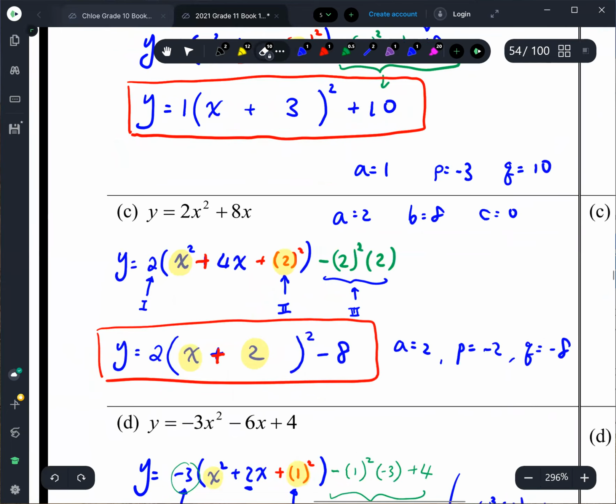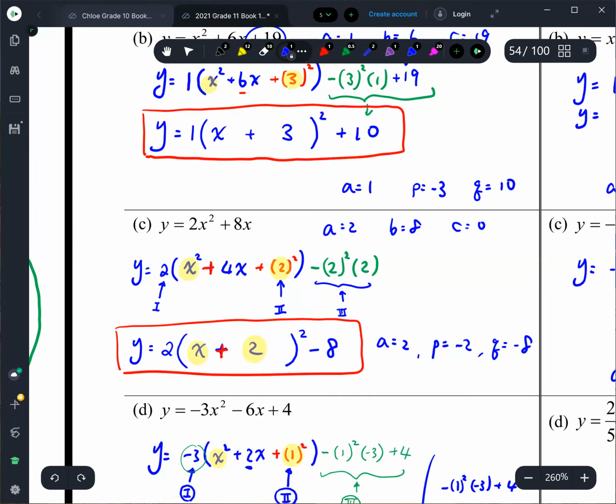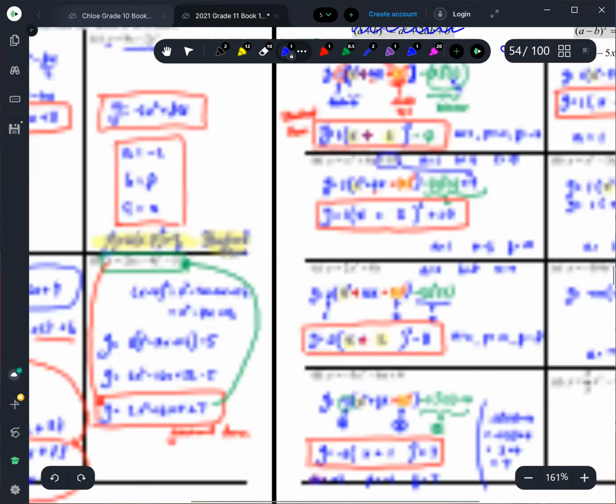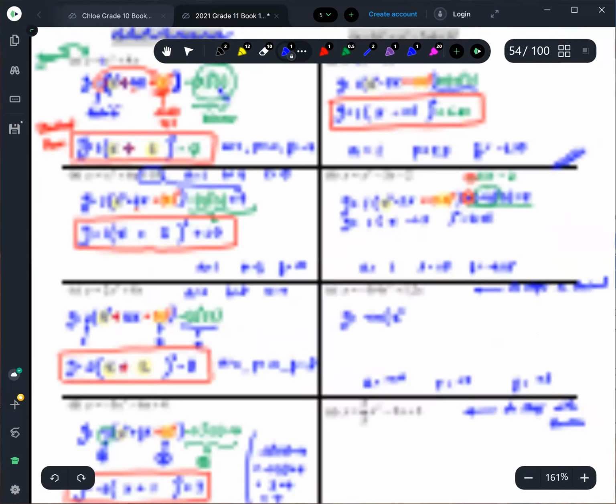So what's after the x squared, after you take out the 2? Do you put 8x? No, you didn't put 8x. What do we put? Do you put plus 2 squared? Okay, I think we need to go over this question.